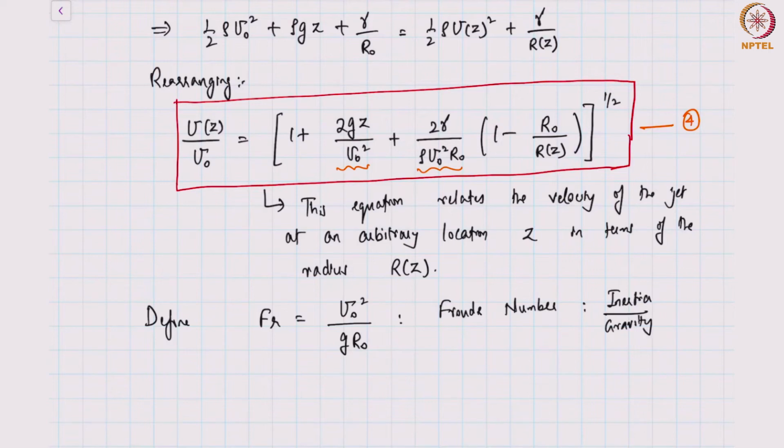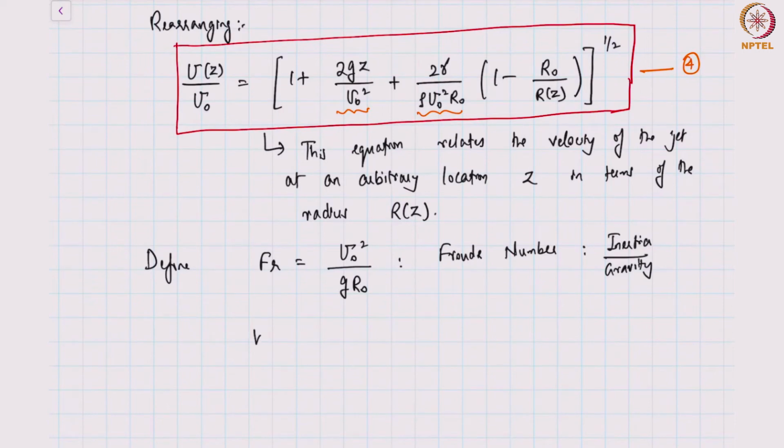Why have I chosen inertia to gravity? Because you see the combination here in expression 4. I have g in the numerator and u0 square in the denominator. So this number naturally emerges.